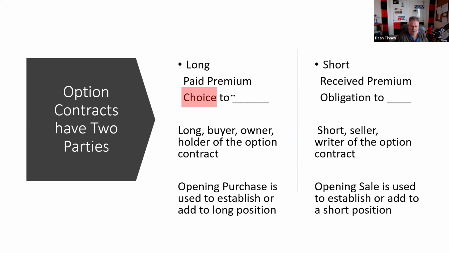You either have a choice to call the stock away, if it's a call contract, a choice to buy the stock, or if it's a put contract, you have a choice to put or sell the stock. It doesn't matter which. Choices cost money. You're going to have to pay a premium.